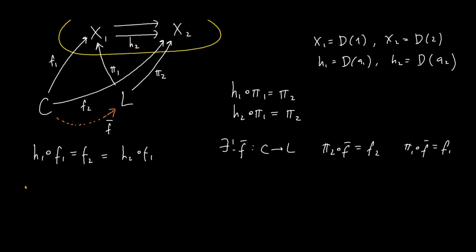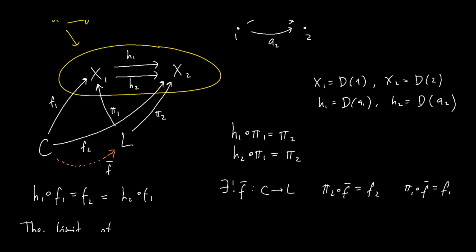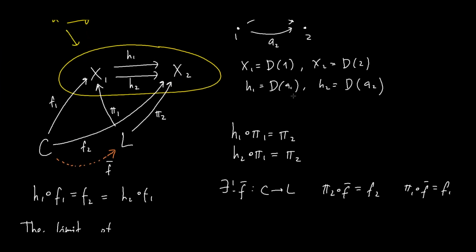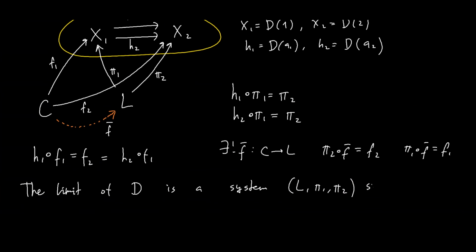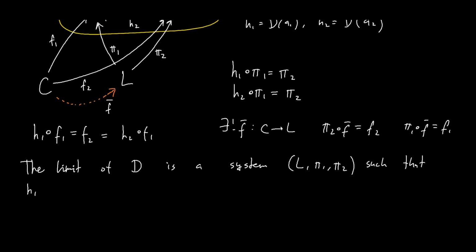So we can now say that the limit of my diagram D, this is where I introduced the D notation there for the yellow area, is a system L, pi1, pi2, such that H1 composed with pi1 equals pi2 and equals H2 composed with pi1.